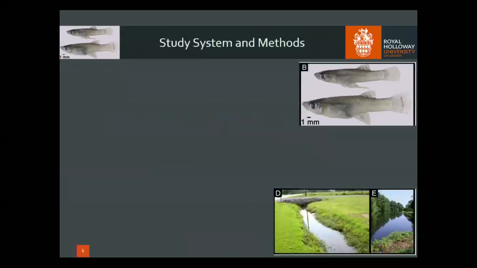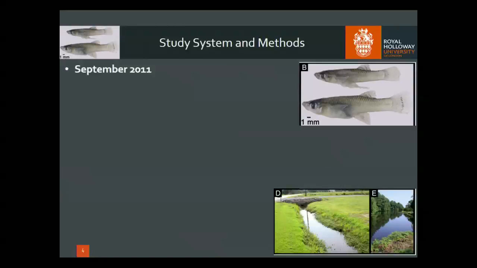So to introduce you to the model system a little bit more, this is Gambusia holbrooki, the eastern mosquitofish, a live-bearing fish where the males have a modified anal fin that they use to transfer sperm into the female genital region. This fish is relatively widespread across the eastern part of the US, where it's native, but due to mosquito control has pretty much been introduced almost worldwide and is one of the most invasive fish as well.